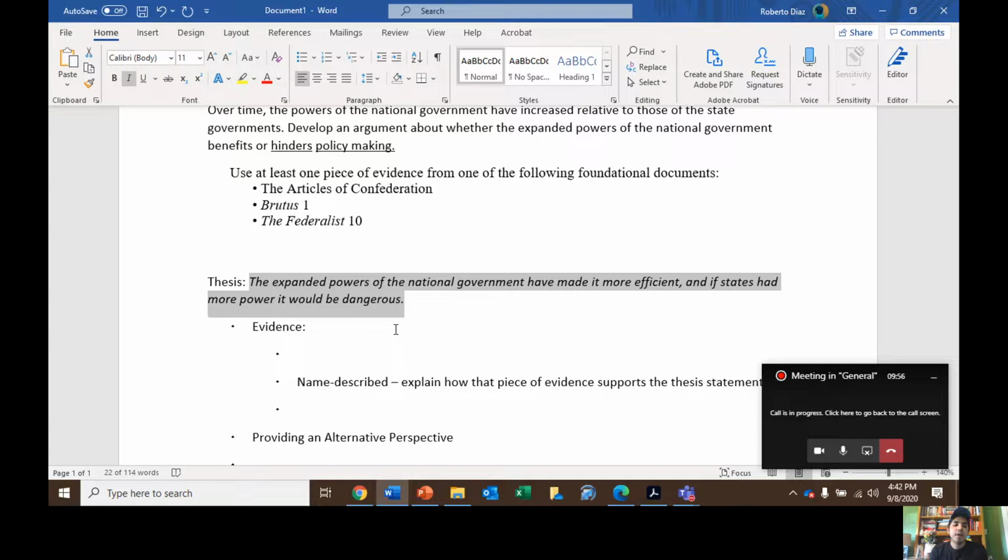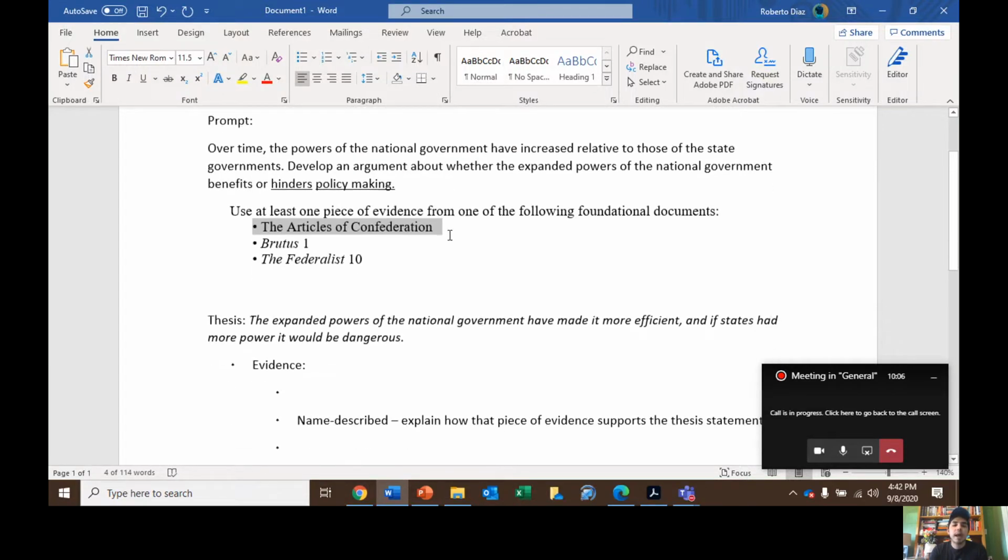But how would I go about supporting this? So one thing that I think is going to be really effective, right? Because it seems that I am going to be talking about increasing power of the national government relative to state government. One piece of evidence I think will be really effective is the Articles of Confederation, right?